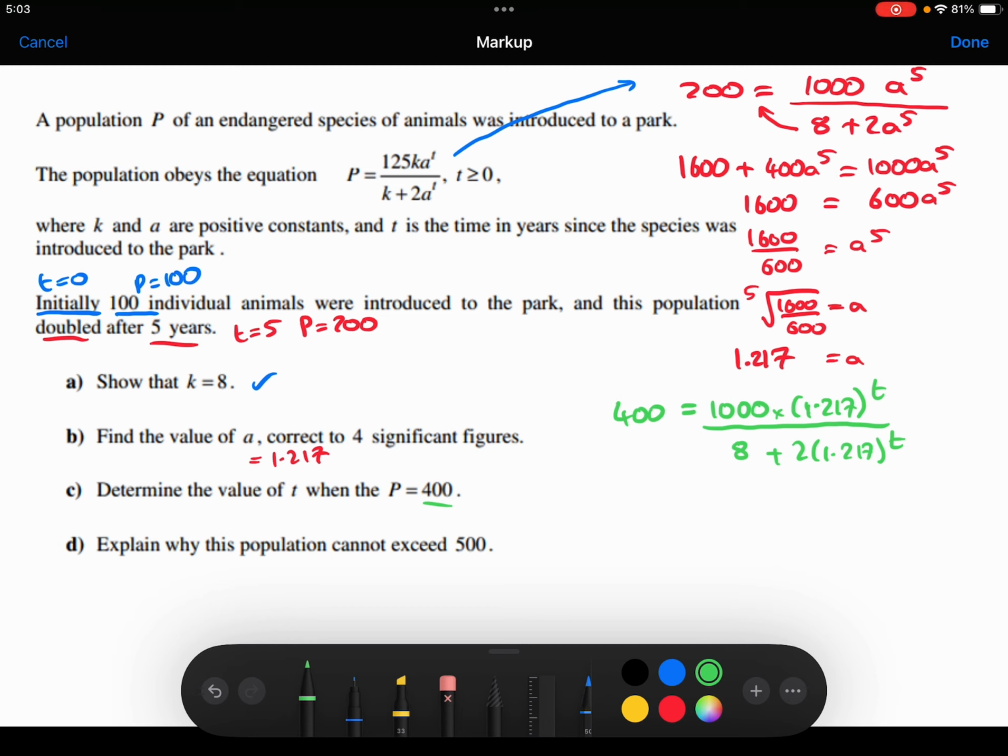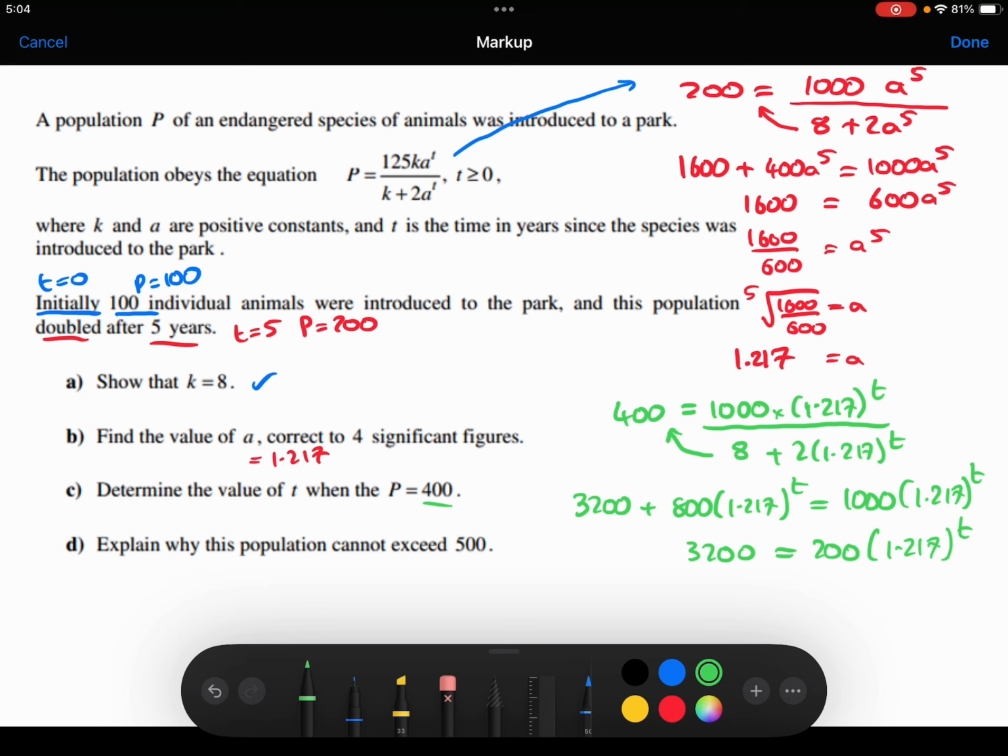Right, let's solve this equation. So we'll multiply across. The 400 times 8 is 3,200. The 400 times the 2 is 800 lots of the 1.217 to the power t. We'll subtract that 800 lots of the 1.217 to the power t from both sides.